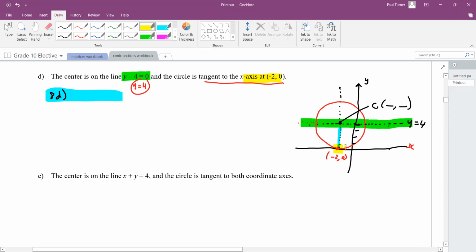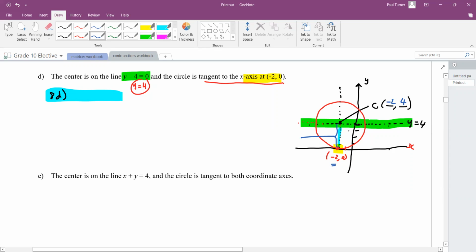Your circle will touch at a point of tangency on the x-axis here. And then from that, you can see that the radius is this length here, which goes up to 4. So the y value of the center is 4, and we've come across 2 units from the origin, so that would be -2. So x is -2, y is 4. This will be the center.